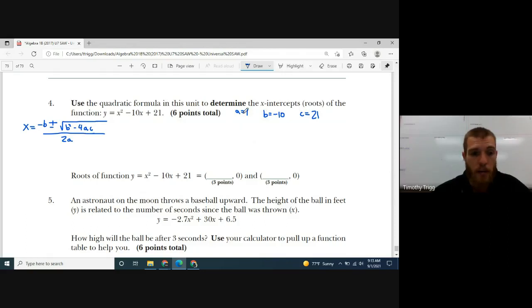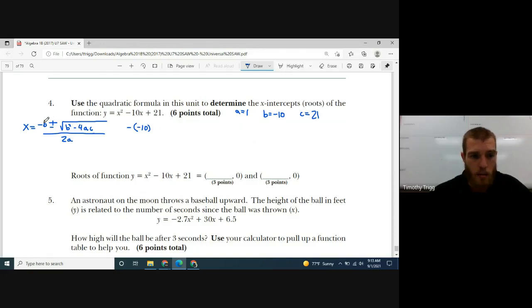Now we're going to plug these values into the formula. Everywhere you see an a, we replace it with 1. Everywhere you see b, we replace it with negative 10. And everywhere you see c, we replace it with 21. First it says negative b, so that's a negative, and our value for b is negative 10, so we have a double negative, which makes it positive.